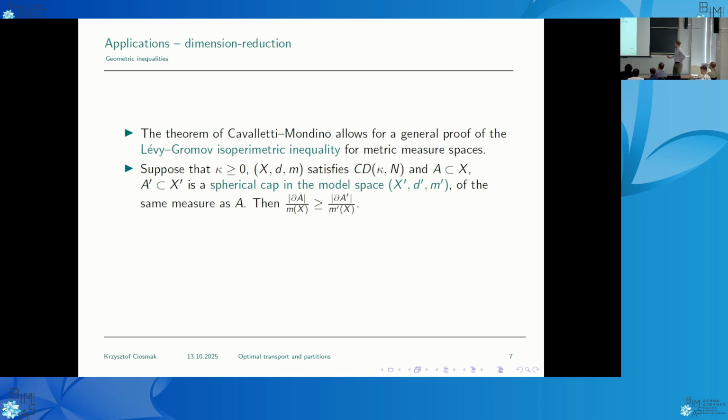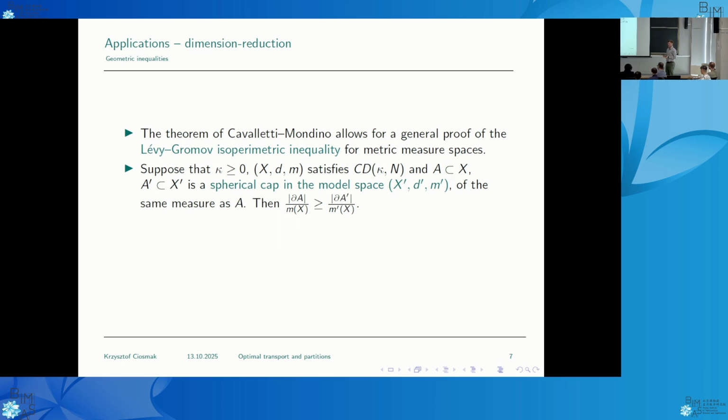And having this space with the CD(K,n) condition, we look at a sphere in the model space. So the model space is exactly the sphere, so curvature is positive.